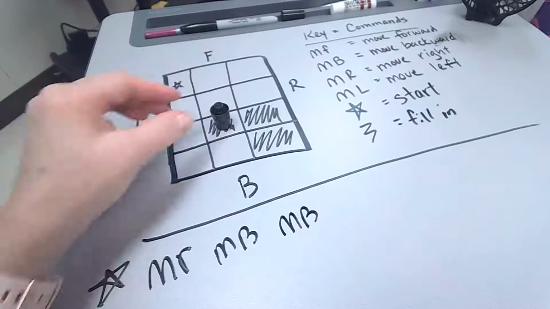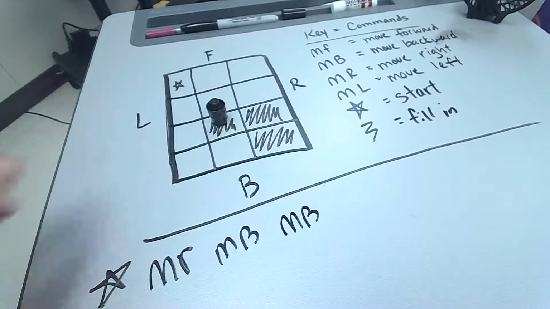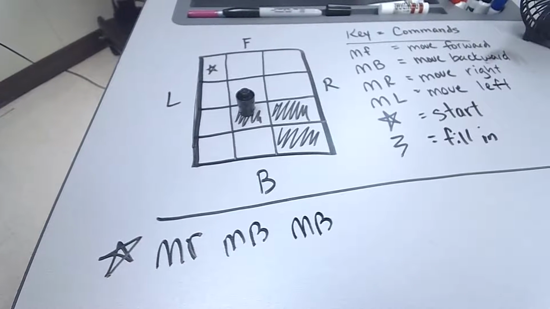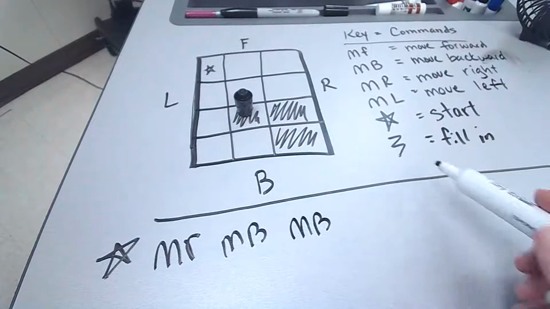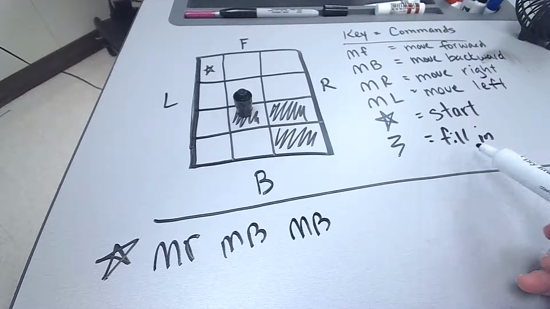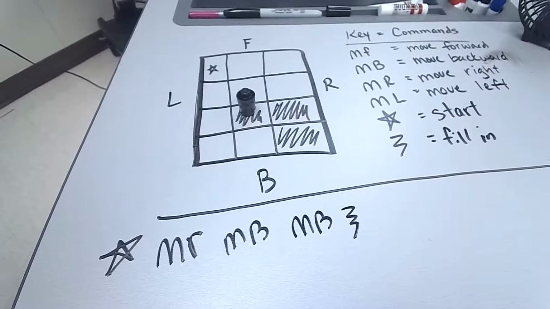So what do we see in my box? So what command do I need now? Do I have anything in my box? The fill in symbol. So let's go ahead and put that right here. So that tells the person to fill it in. All right.